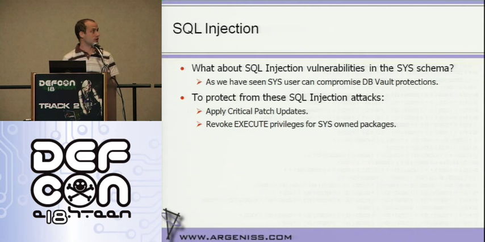So what about SQL injection in the SYS schema? If we can impersonate the SYS user using SQL injection, we can use some of the techniques I just mentioned to compromise Database Vault.